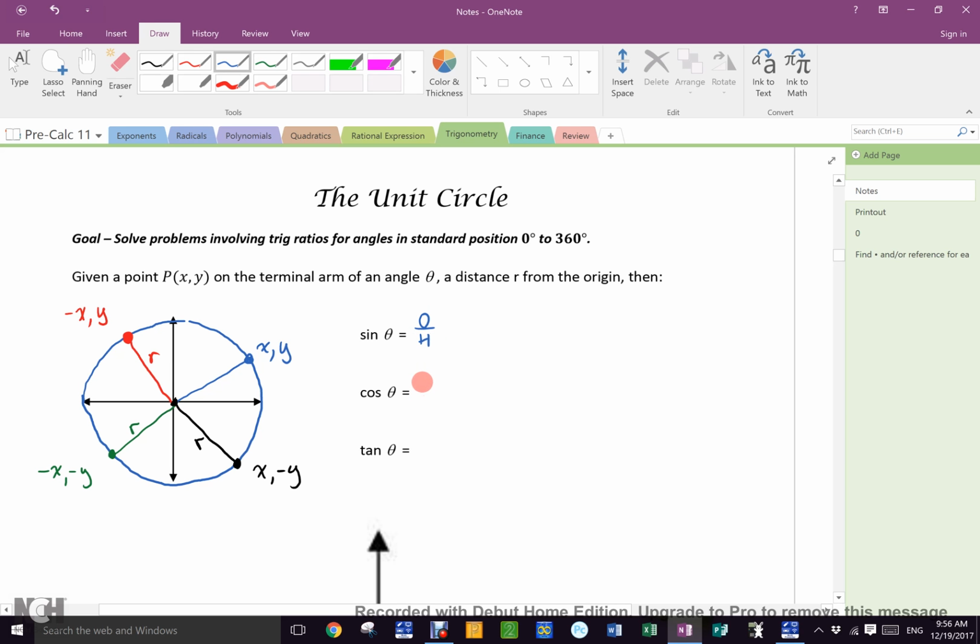What would cos be? Adjacent over hypotenuse. And what would tan be? Opposite over adjacent. We all know that already, don't we? Now, please watch what happens. I am going to make this circle so you can do trig. Everybody ready? We're only going to do it once for now.